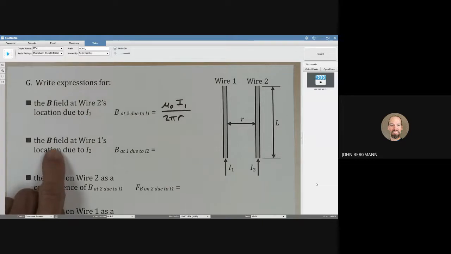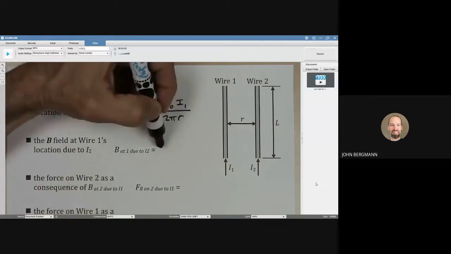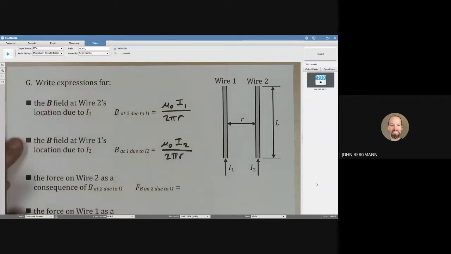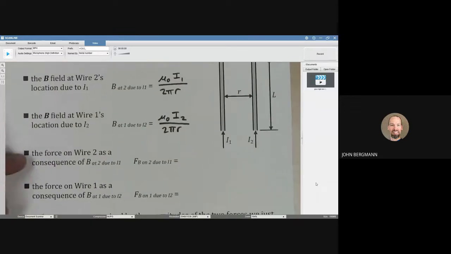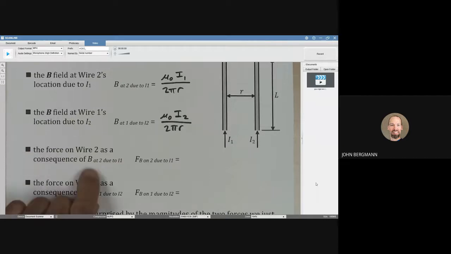How about the magnetic field at wire 1's location due to wire 2? There you go. These don't have to be the same current, by the way. They can be different. Now, what about the force on wire 2 as a consequence of the magnetic field at 2 due to current number 1?